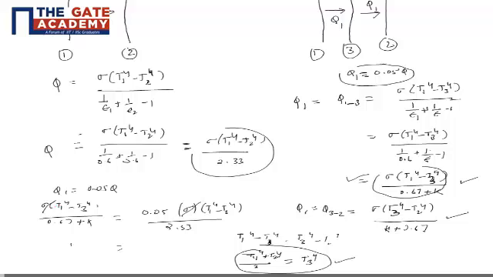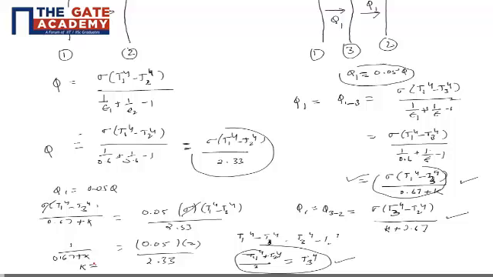The best thing is to substitute in place of T3 power 4 the condition (T1 power 4 plus T2 power 4) by 2, and what you get is that T1 power 4 minus T3 power 4 is half of T1 power 4 minus T2 power 4. So I can say this equals 0.05 into 2 by 2.33. This leaves an equation in terms of K.